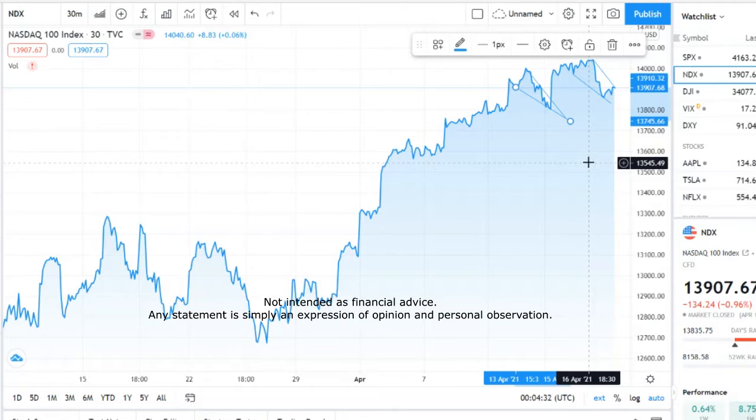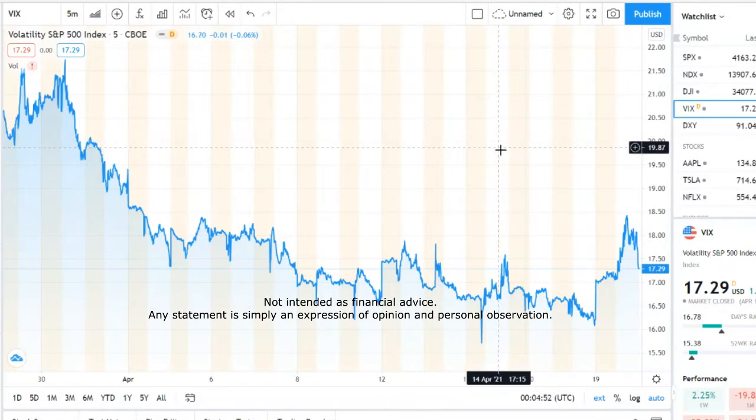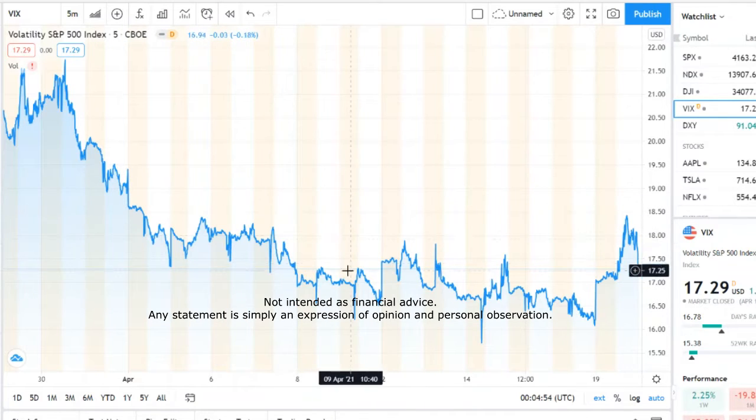Since we're seeing this double top and bearish divergence, I would expect us to stabilize and trade sideways tomorrow. But I wouldn't be surprised if we see this go lower straight away, because I can reference the VIX here, and we do see quite a lot of spiking, quite a lot of volatility.